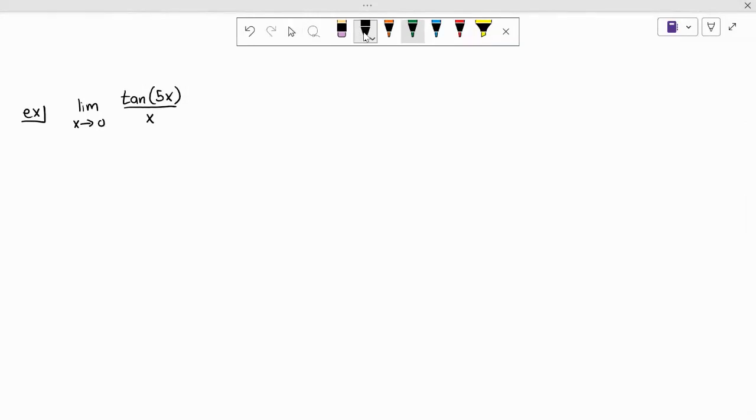So for example, in this problem, x goes to 0, we have tangent of 5x divided by x. So where would our special trig limit show up here? I don't see it immediately, right? But can we somehow rewrite tangent so that we start seeing the special trig limit?